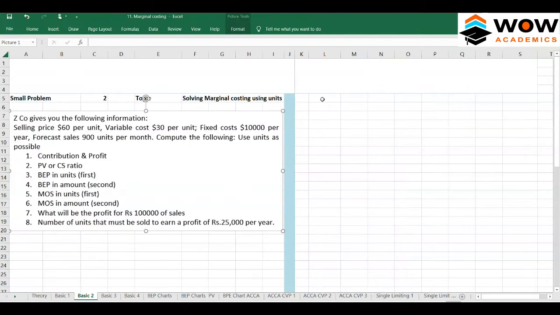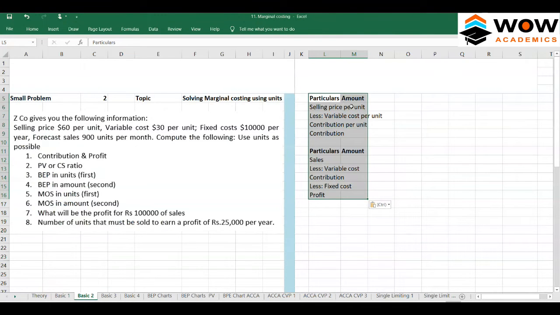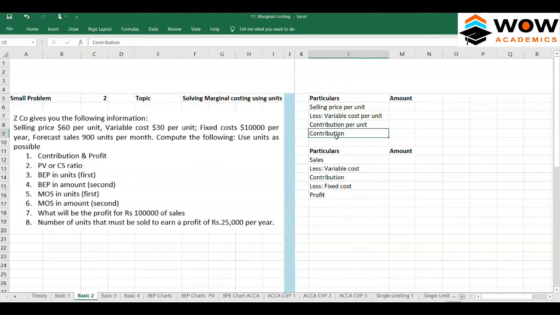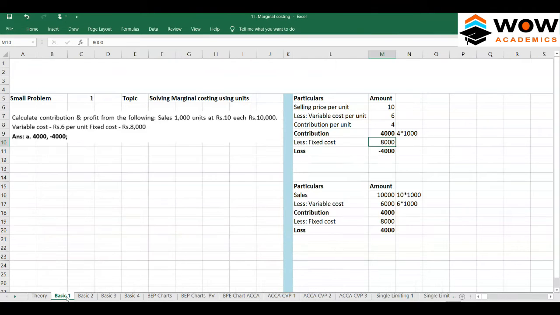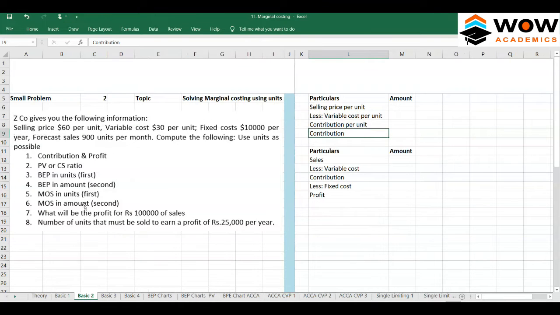Format is very important. This problem tells you the selling price per unit is 60 and variable cost is 30 per unit. Fixed cost is 10,000 per year.